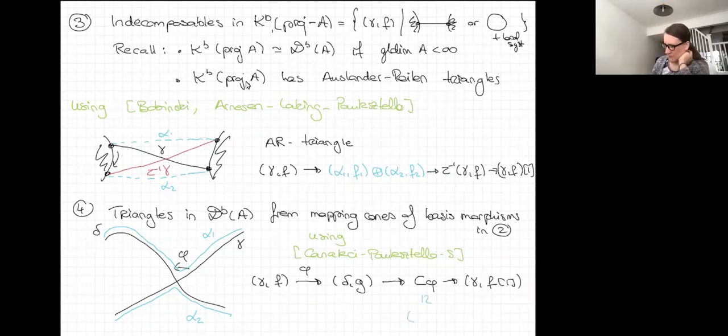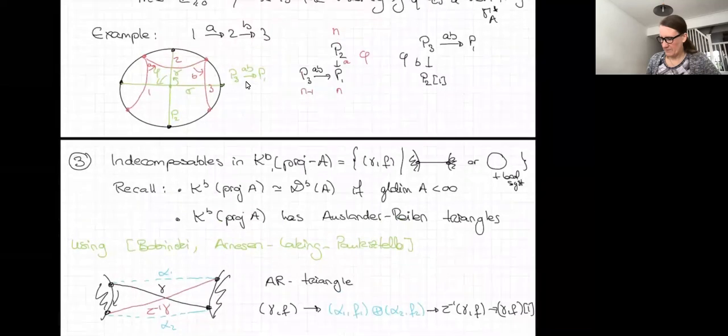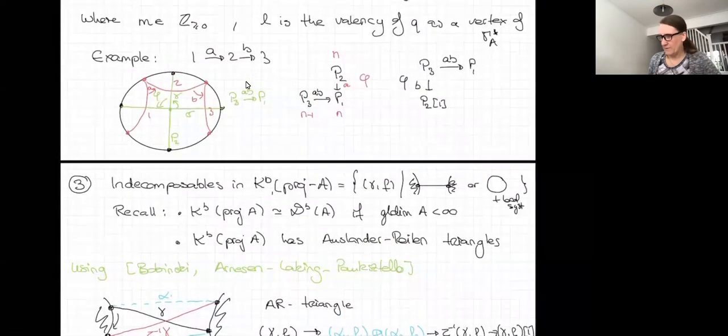So this is shown, based on this work with Canakci and Puxtello, that this is alpha 1 f1 plus alpha 2 f2, and this generalizes really what we have seen for the Auslander-Reiten triangles. Okay, so maybe we should do one example of this so that you can convince yourself.